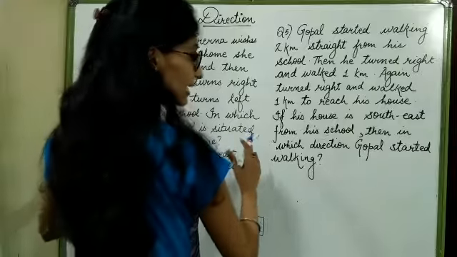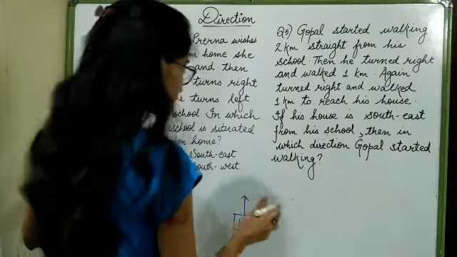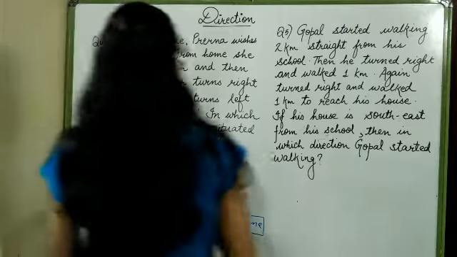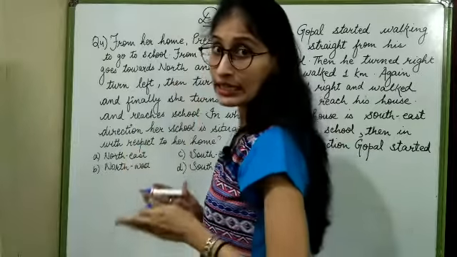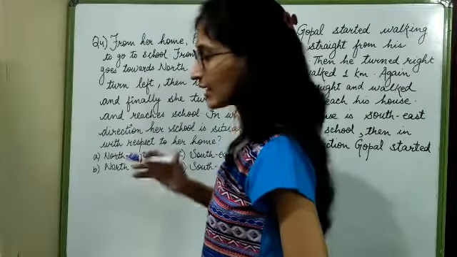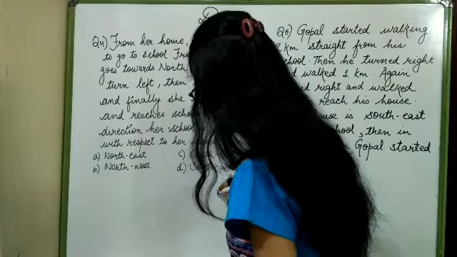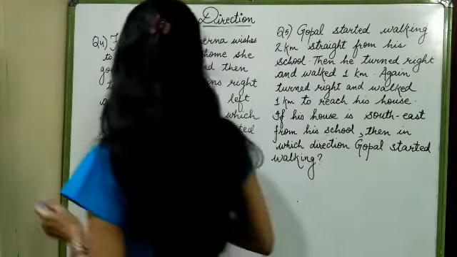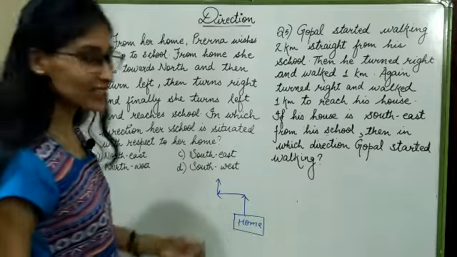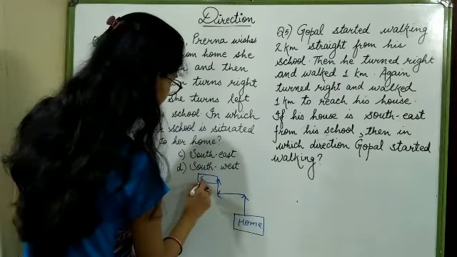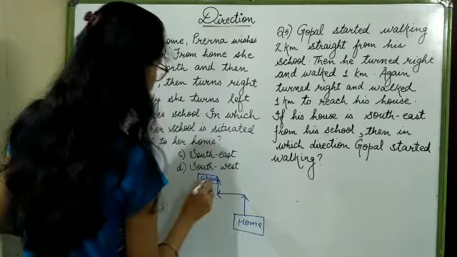If I am standing like this, this will be my left, and then turns left. And from now, she turns right. I am standing like this, this will be my right direction, turns right. And finally, she reaches her school. So this is where her school is located.